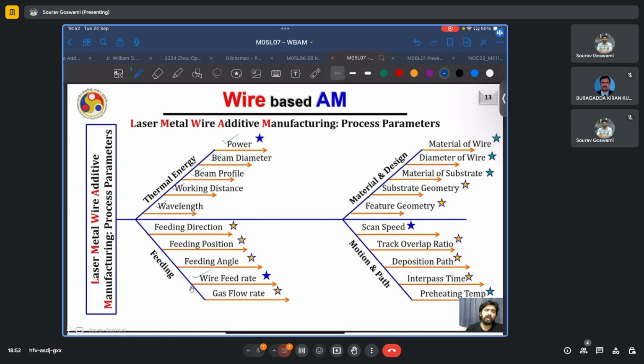It may be changed depending on the accuracy and the build rates that you want. Similarly, for the track overlap ratio or the step over, the deposition path or the tool path, the interpass time, that is if you want to introduce any cooling time between two successive layers by increasing the delay, and any preheating temperature, which will help you to get rid of the type of distortion that we saw in one of the previous slides.